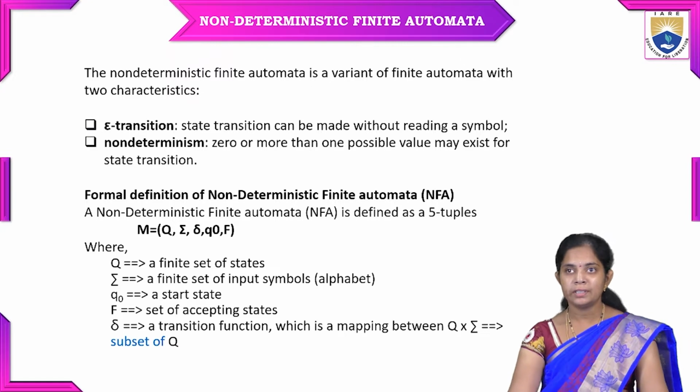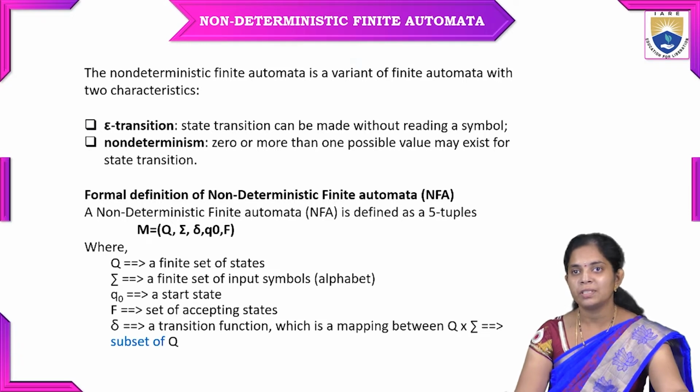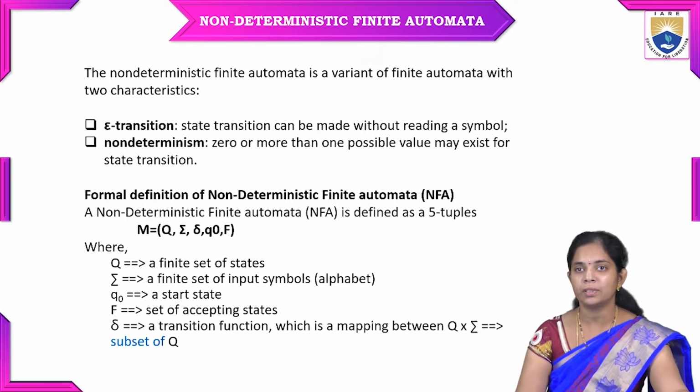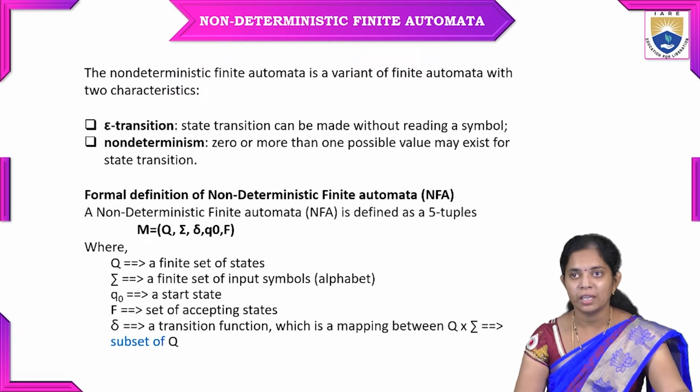And here is the definition. Non-deterministic finite automata, we'll simply represent it as an NFA. In an NFA, there are two characteristics. One is the epsilon transition, and the second one is non-determinism.